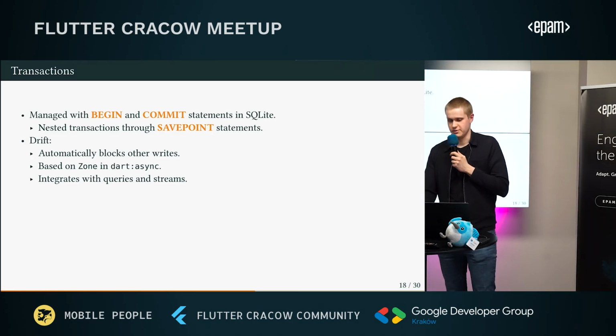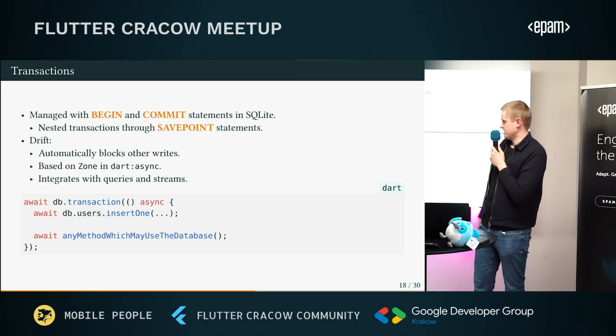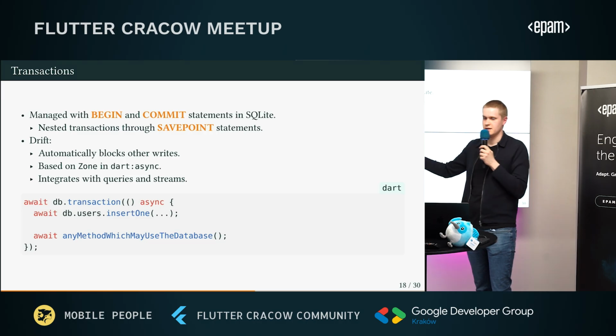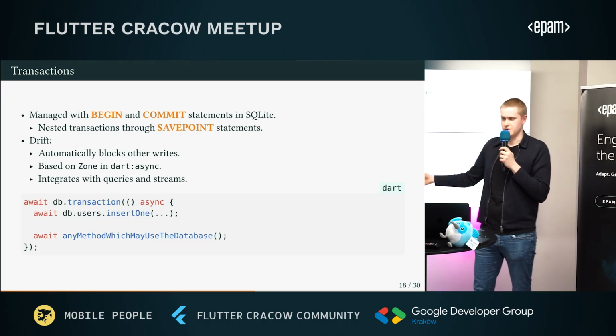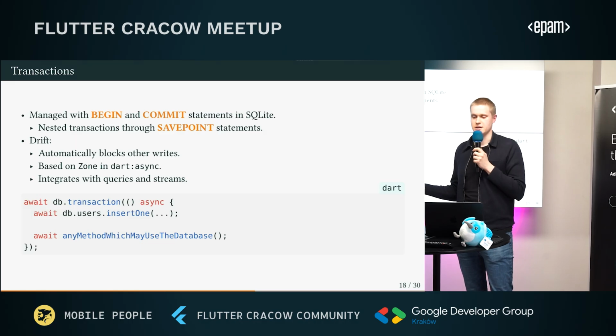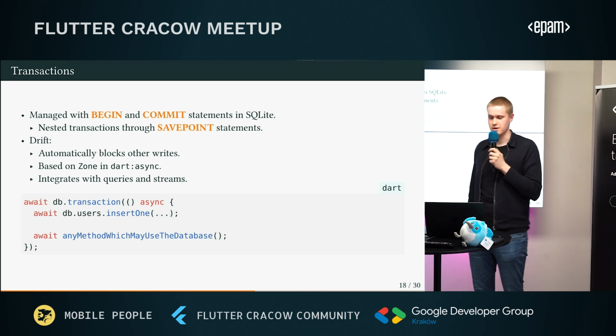So in Drift, it's very easy. You just call the transaction method on the database, and it's going to give you a callback. And as long as that callback runs, it's going to run in a transaction. So Drift ensures that you can't have two transactions that happen at the same time, because again, there can only be a single writer appending to the write-ahead log.